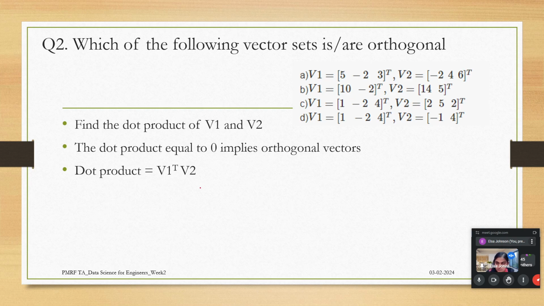You have to find the dot product, either v1 transpose v2 or v2 transpose v1. You can find the answer with either of these.